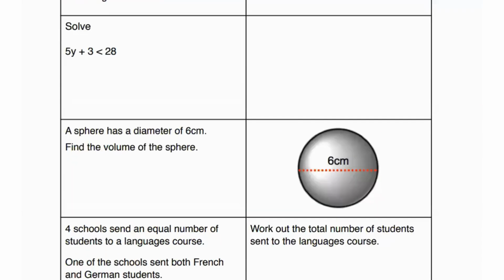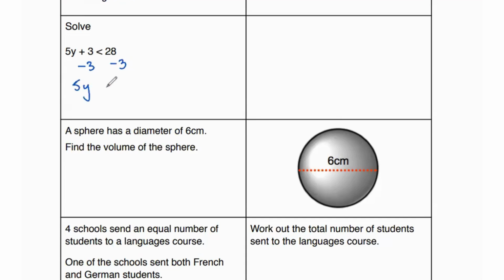Then it says solve 5y plus 3 less than 28. Solving an inequality is very much similar to solving an equation. The only difference is that the equal sign has been replaced by an inequality. So the first step is to subtract 3 from both sides.